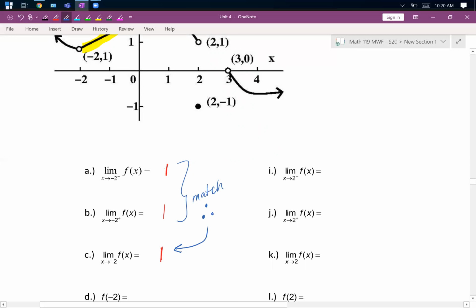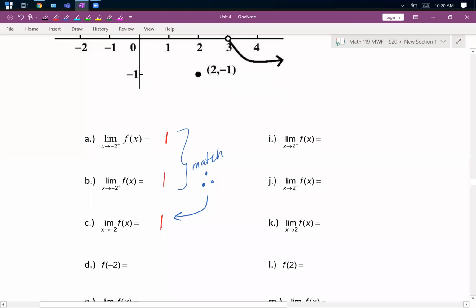Our three dots in a triangle like that means therefore. So those two match, therefore we can conclude that the limit as x approaches -2 of f of x is 1 as well.